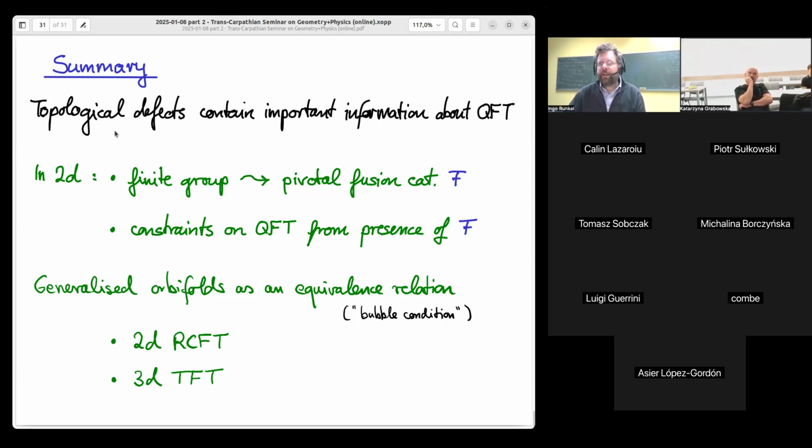We had some examples that knowing a given fusion category is realized by topological defects can teach you information about the quantum field theory. But you can also use these topological defects to turn old theories into new ones by this gauging procedure, and it stratifies your space of quantum field theories into equivalence classes of theories related by gauging. With that, I stop and thank you for your attention.